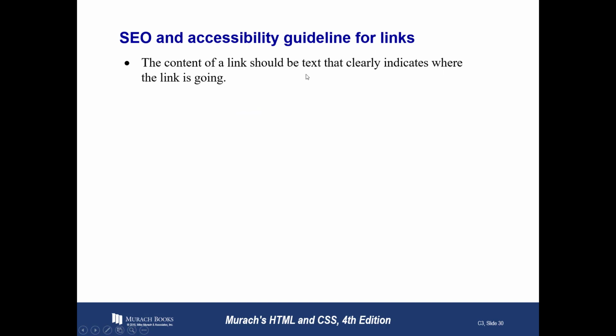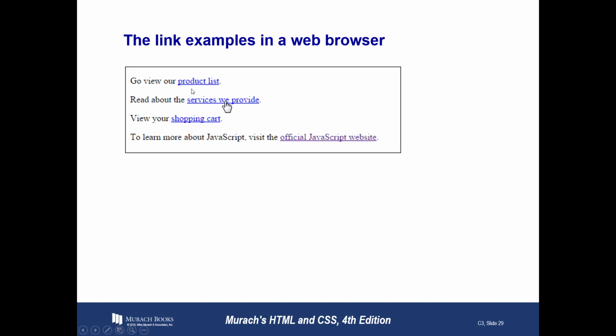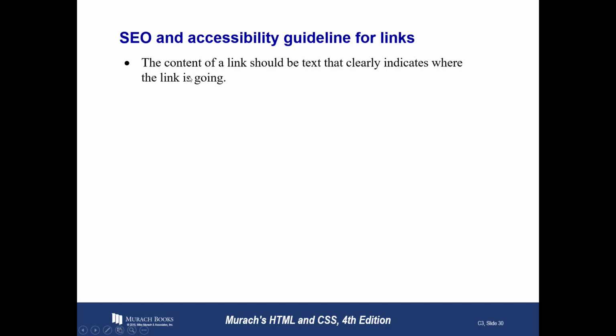The content of a link should be text that clearly indicates where the link is going. Product list, services, shopping cart. We shouldn't say in here, click here to get some interesting information, where the word here has got the hyperlink. No, that would violate this SEO rule that you see right there.